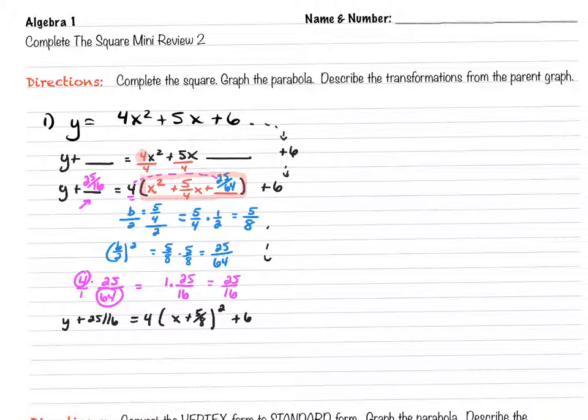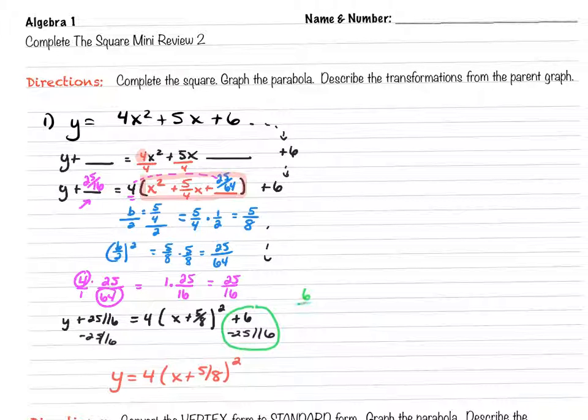Now my last step is to get y alone, so I'd have to subtract 25/16 from both sides. So we're working on our final answer. We get y is equal to 4 times parentheses x plus 5/8 squared, and I just need to quickly figure out what is 6 minus 25/16. So 6/1 minus 25/16.